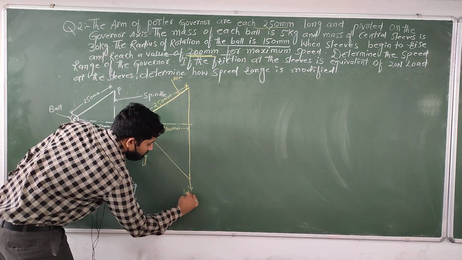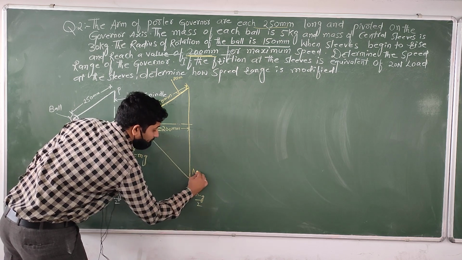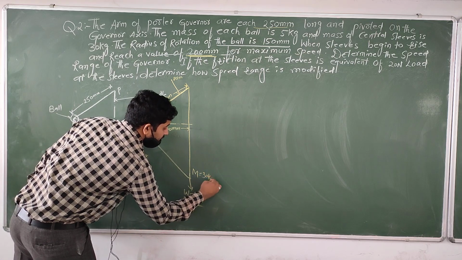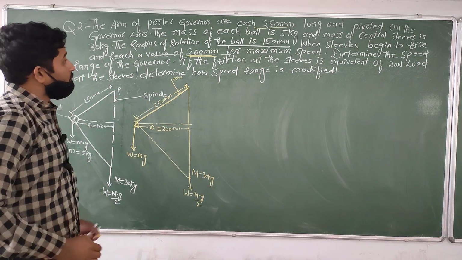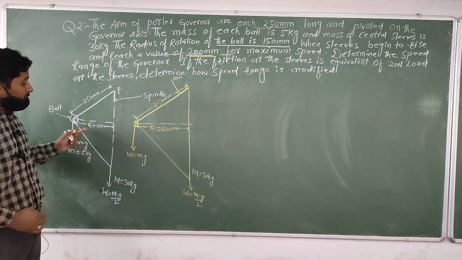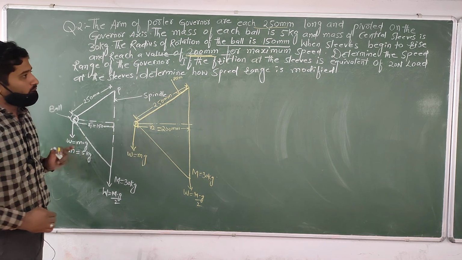The weight equals M into g by 2, and capital M value is 30 kg. Okay dear? Only difference between the figures is the radius of rotation: here the radius of rotation is less, here the radius of rotation is more. That's it.